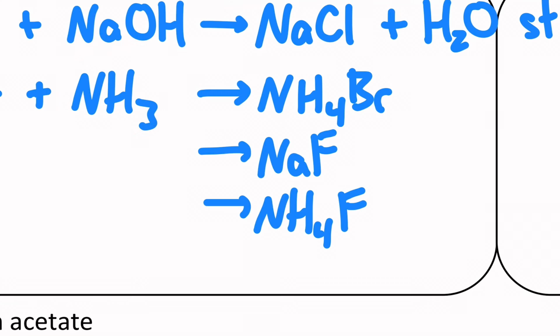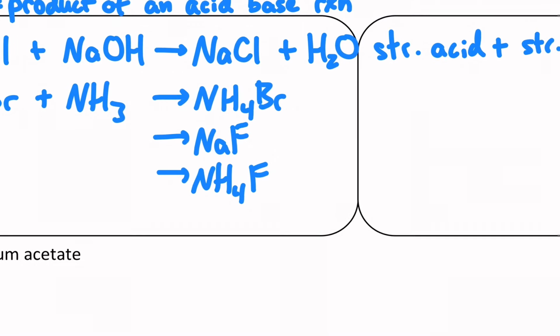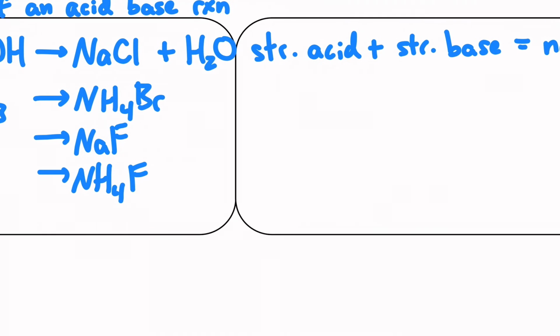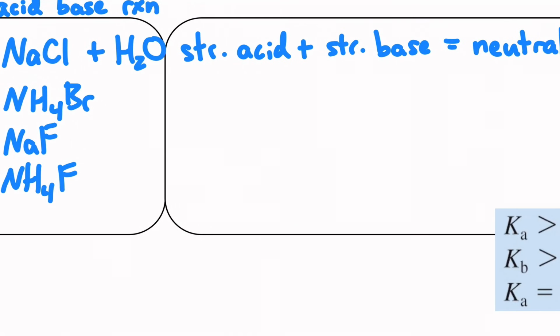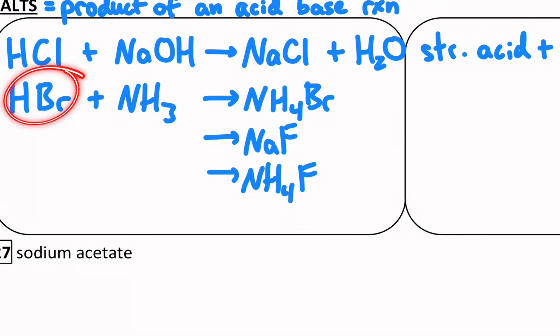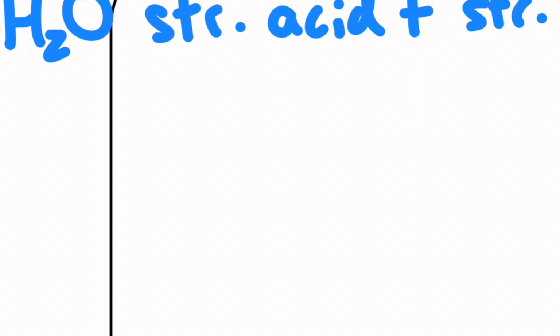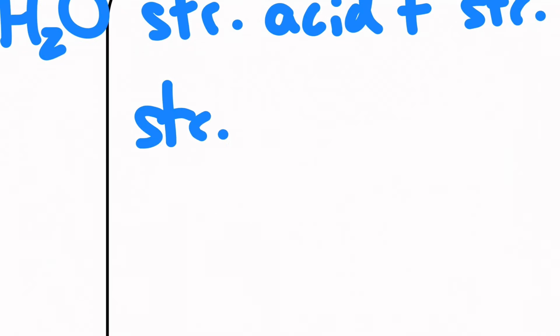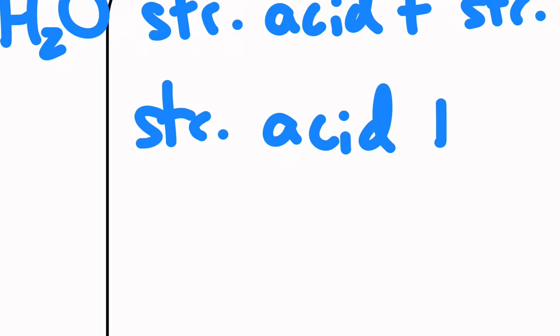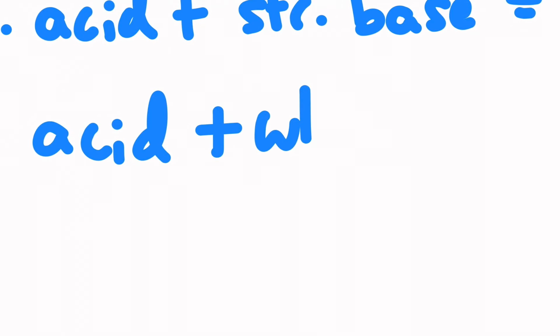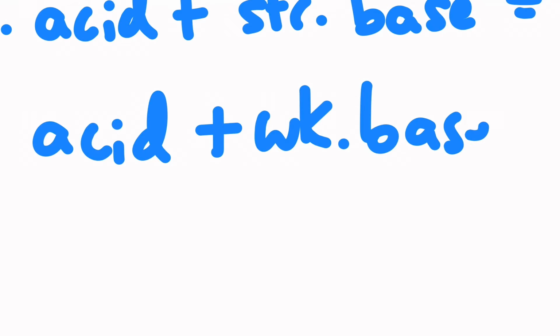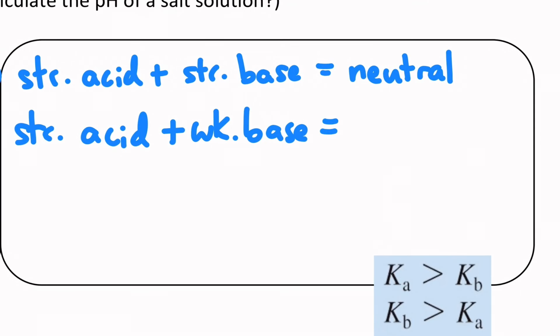So they're essentially the same thing, the way we write them out. In this case, this is a strong acid and a weak base, and that is a trick for remembering that the salt that you make from that is acidic.